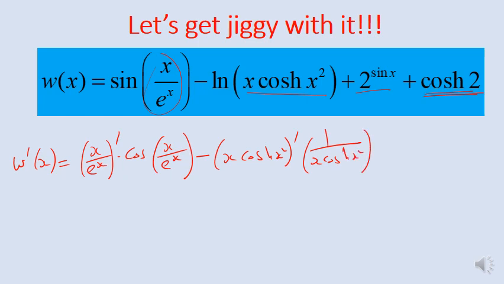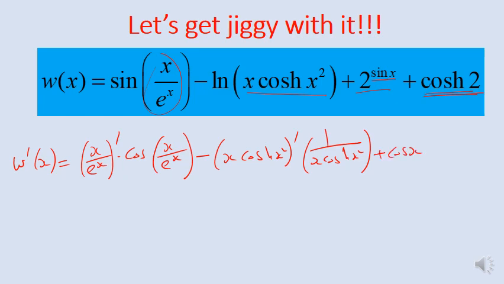What is d/dx of 2 to the sine x? Now here you've got to be very careful. We know that d/dx of 2 to the x is ln 2 times 2 to the power of x. So we start, the inside function is sine x. So what is d/dx of sine x? d/dx of sine x is cos x.